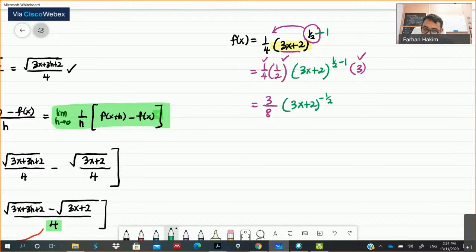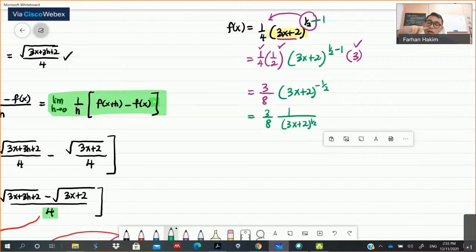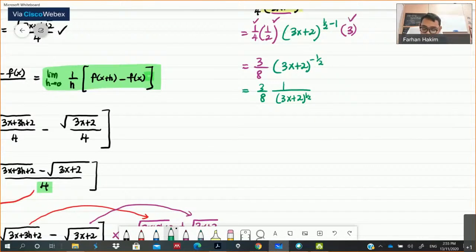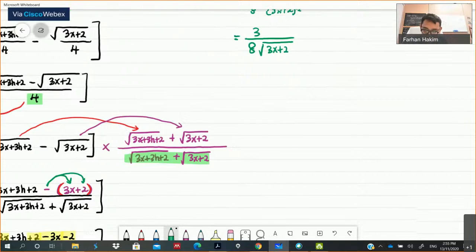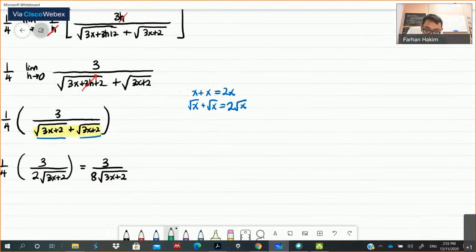I can write this as 3 over 8, 1 over 3x plus 2 to the power of 1 over 2, no more negative because it goes to the denominator already. So you can change it back to 3 over 8 square root of 3x plus 2. Is it the same as the final answer? Yes, 3 over 8 square root of 3x plus 2.